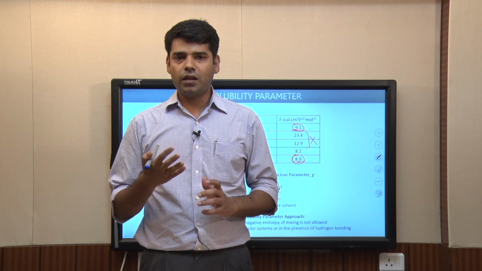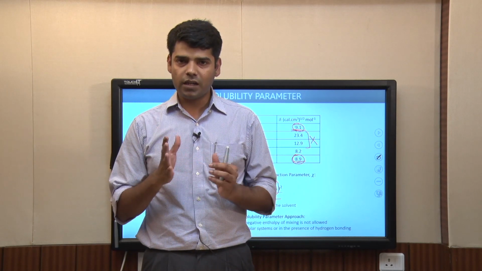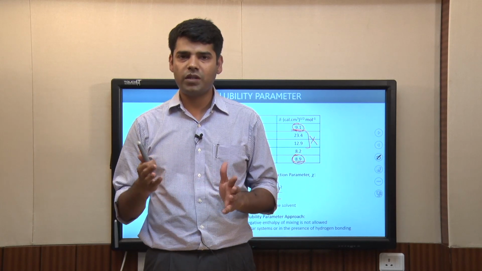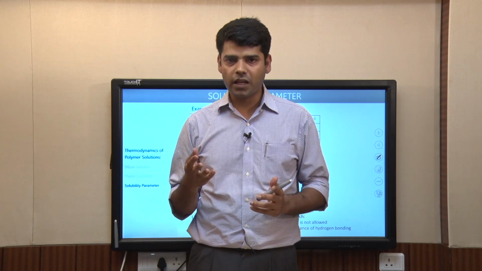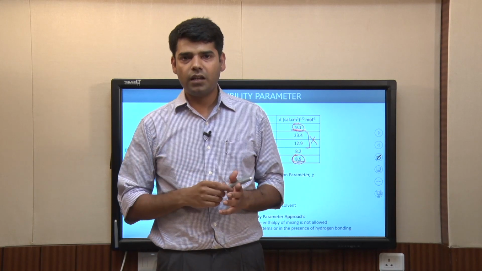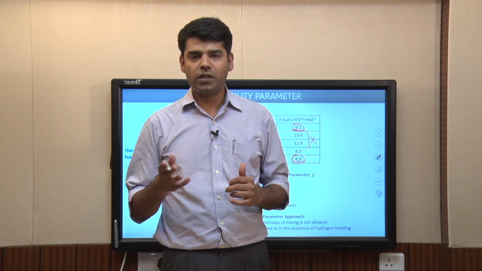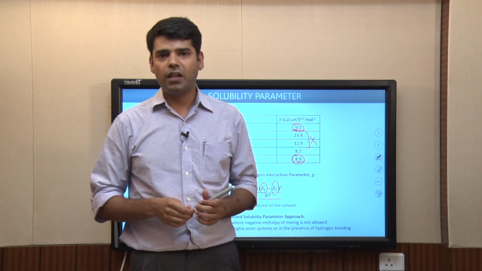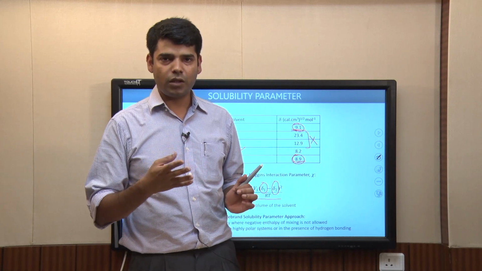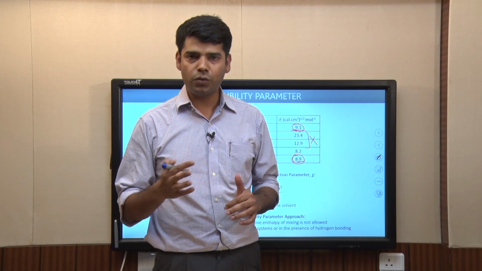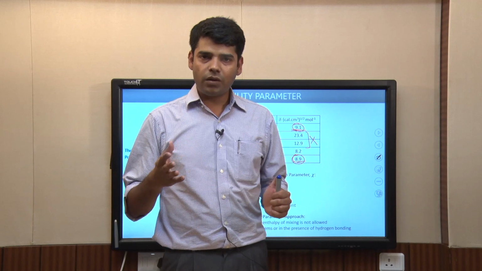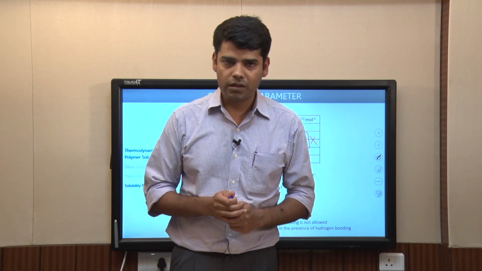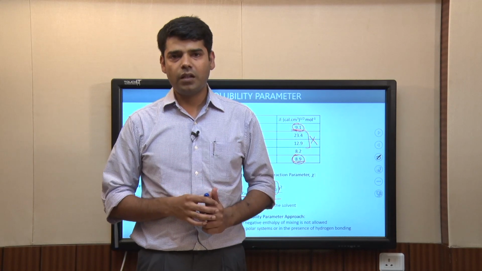In particular, we found that for a given polymer-solvent system at certain special temperatures, the polymer solution can start behaving ideally. Such a condition is referred to as theta condition and the corresponding temperature is referred to as the theta temperature. And finally, we also discussed the solubility parameter approach, which is useful to get an estimate of how soluble a given polymer will be in a set of solvents or in a particular solvent.